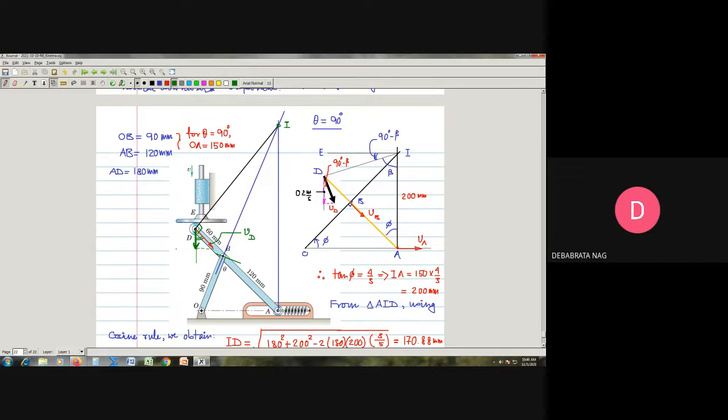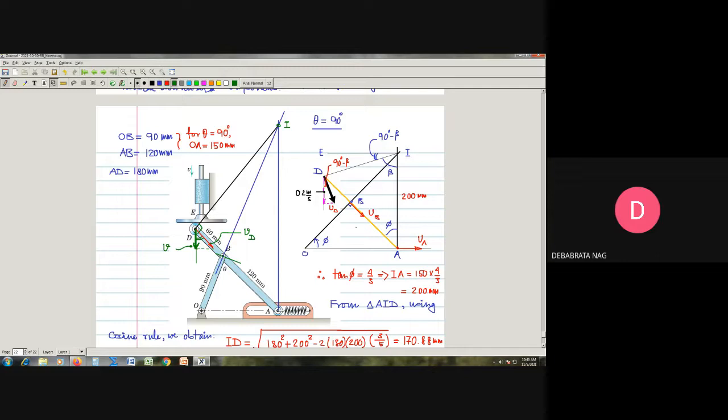So the component of this red vector along this vertical line must be equal to v. So this is the construction for the case where theta is any arbitrary angle.